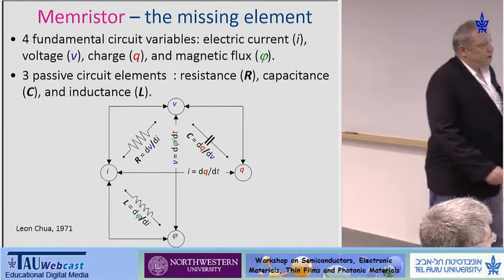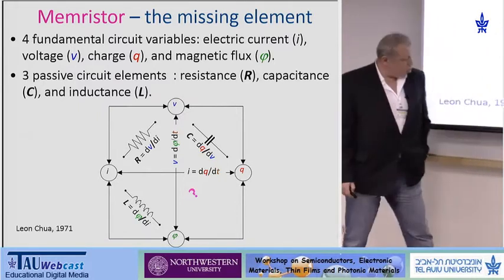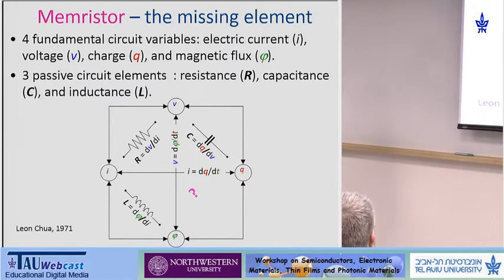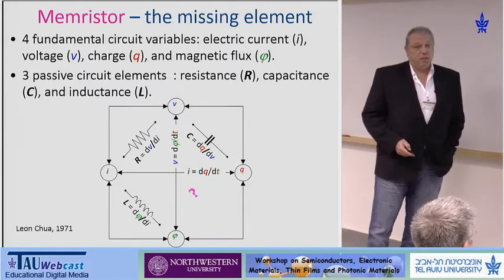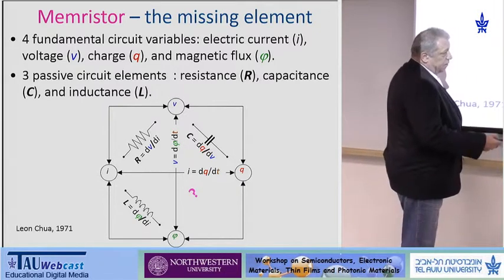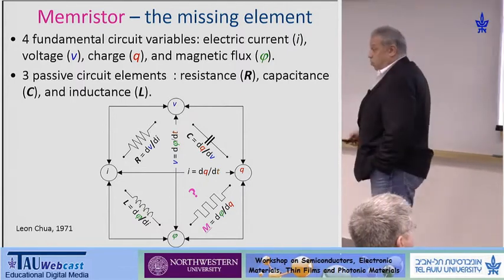However, there is nothing in this quadruple. And more than 40 years ago, Professor Leon Chua suggested that just out of sheer symmetry, there must be an element here that gives the relation between magnetic flux and charge. And he called it a memristor, or a memory resistor.